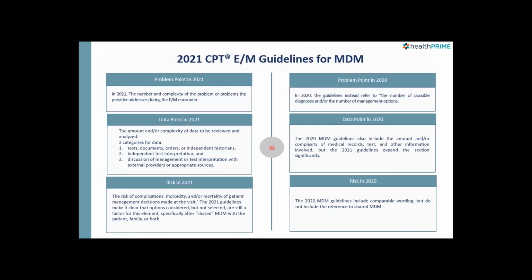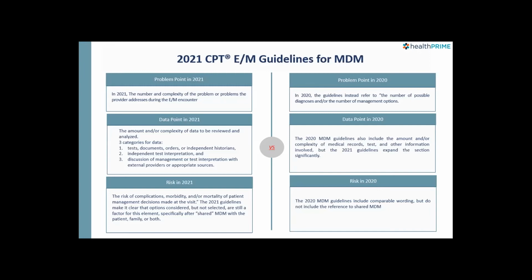The third one is discussion of the management or test interpretation with an external provider or appropriate source. So in 2020, medical decision-making guidelines also included the amount and the complexity of the medical records, tests and other information involved. But in 2021, for data point, the guidelines expand the section significantly.